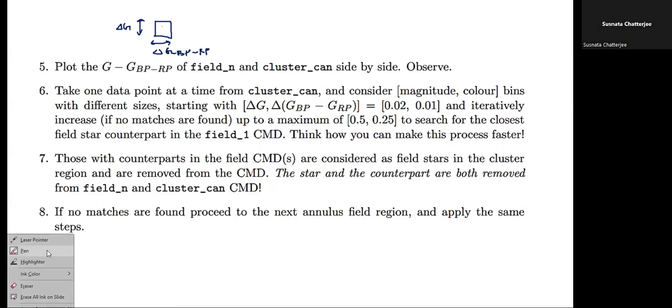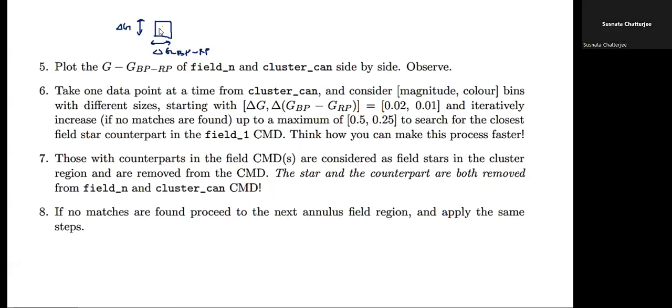We search for its closest counterpart in the field diagram, field N data point. If we fail to find any matches, we increase the bin size to a maximum of 0.5 to 0.25 iteratively to search for the closest field star counterpart. So you can think of a process by which we can make this easier, faster. Suppose we find a counterpart in the field CMD.